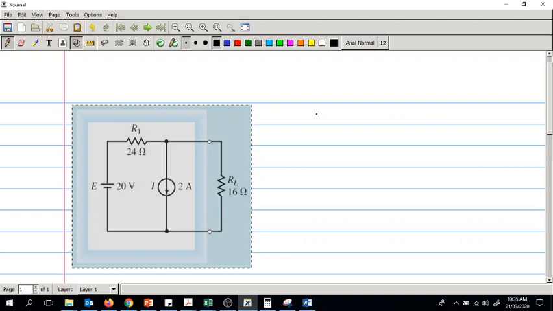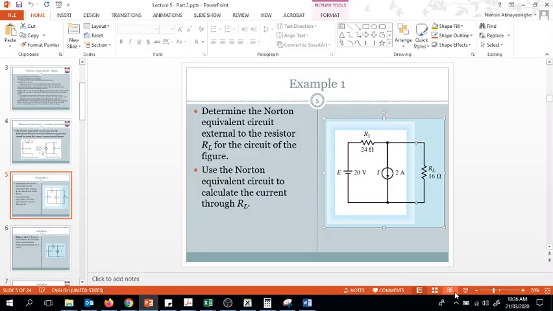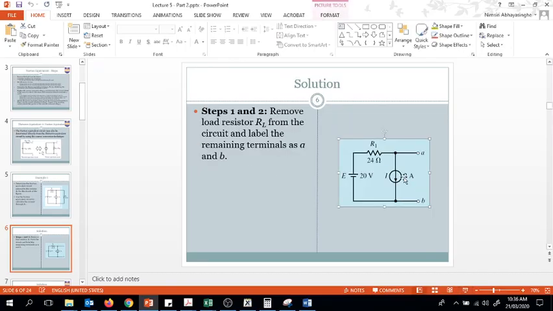So first step is to, let's take the other circuit actually. The first step is to remove the load and label the two terminals as A and B. So let's take this circuit instead.